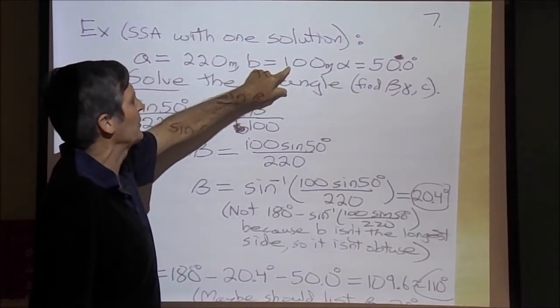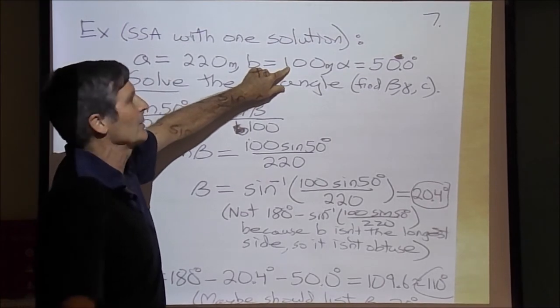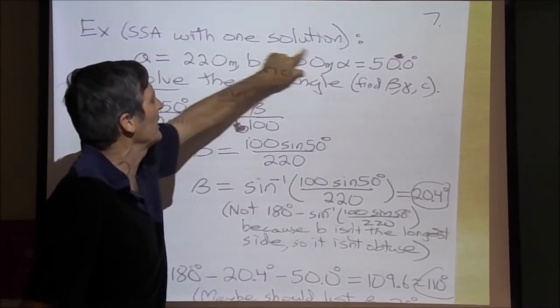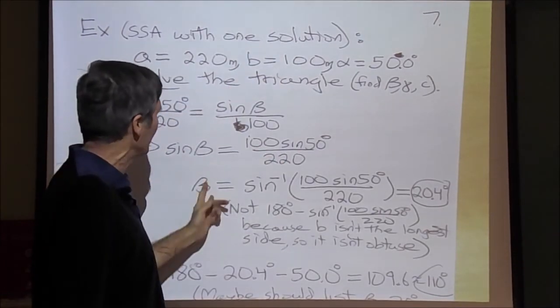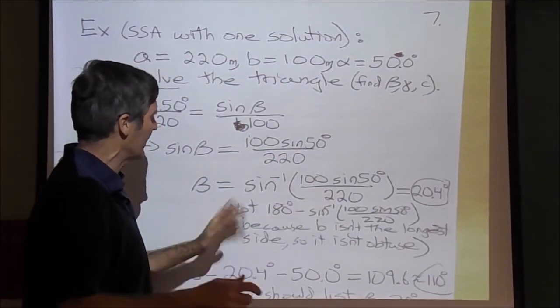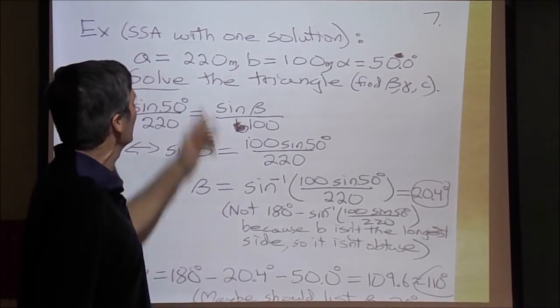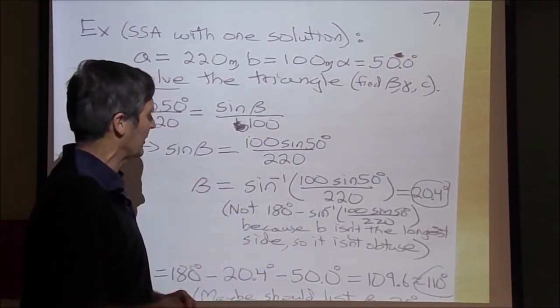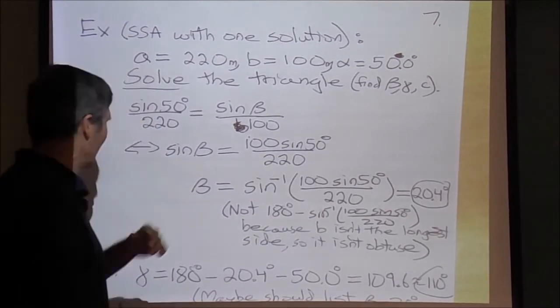B can't be an obtuse angle. An obtuse angle only goes opposite the longest side of the triangle. So B has an acute angle on the opposite side. It must be the arc sine, not 180 minus the arc sine. So immediately, when A is bigger than B, we know that beta is the arc sine. We don't have to calculate the other case.